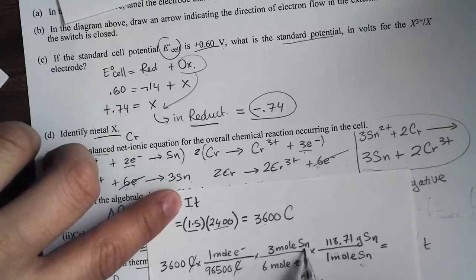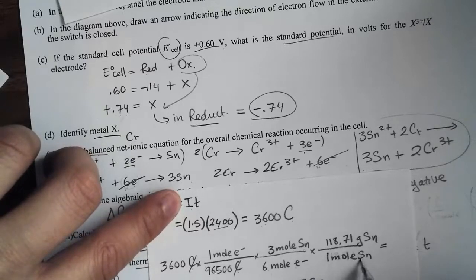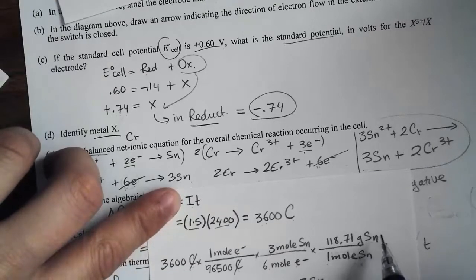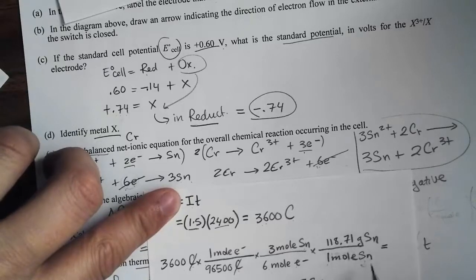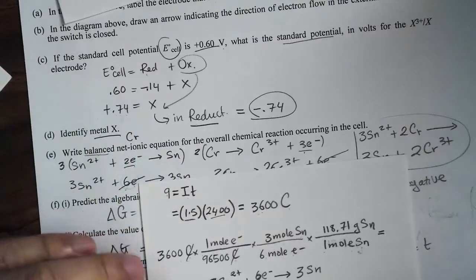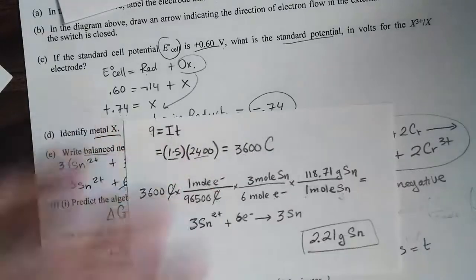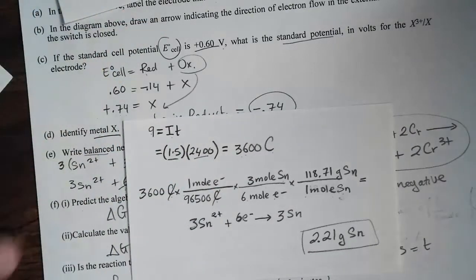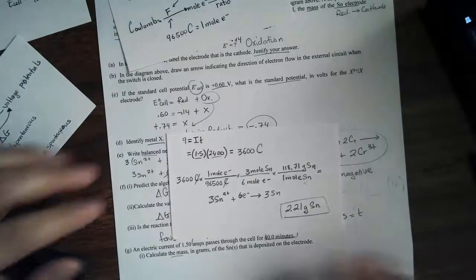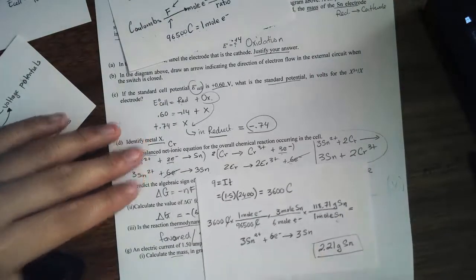And once we know the moles of tin, we just convert to mass of tin, which is from the periodic table. 1 mole of tin is equal to 118.71 grams of tin. And there you go. This is your mass in grams. And all we have to do is plug into the calculator, and we have that as our final answer. So in a way, it is extremely complicated, but if you know how to solve it, it is pretty easy.